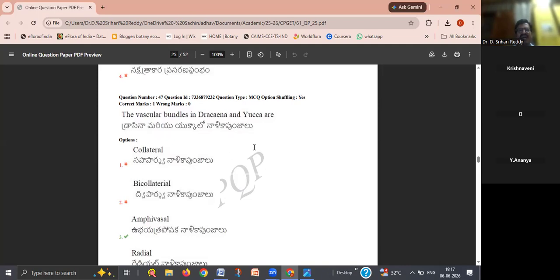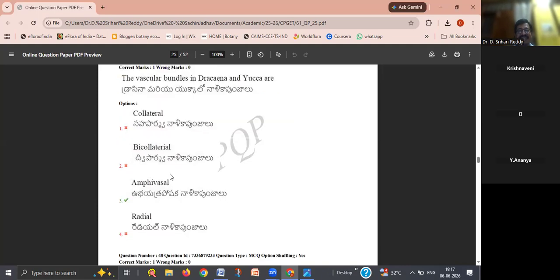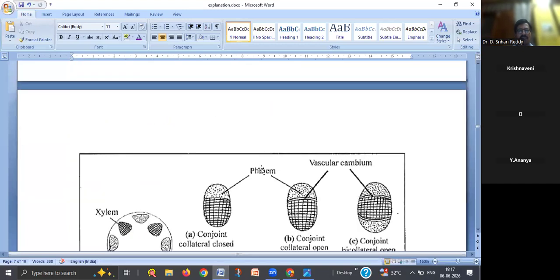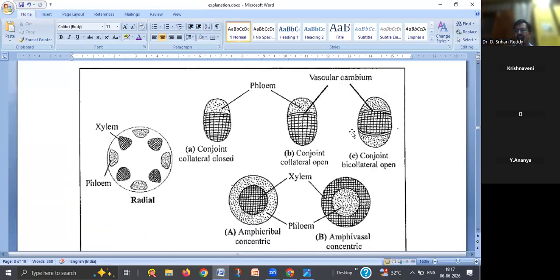There are different kinds of vascular bundles: radial vascular bundles, collateral vascular bundles, bicollateral vascular bundles, concentric vascular bundles. In the concentric vascular bundle, there are two types, amphivasal and amphicribal. So now we see different kinds of the vascular bundles here.